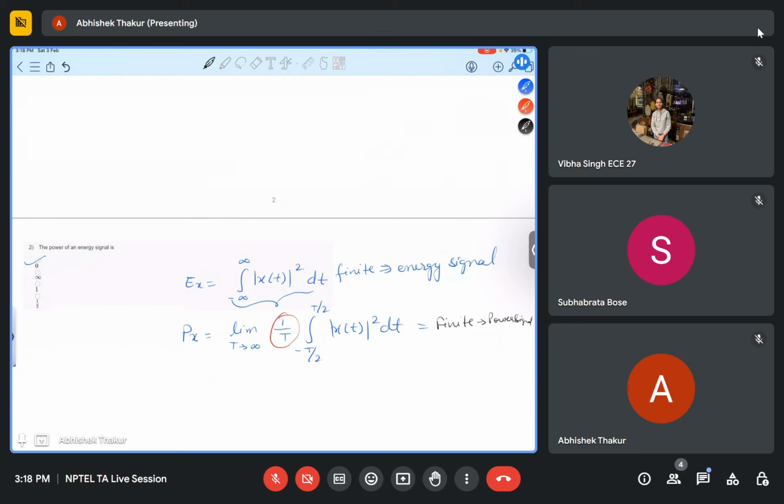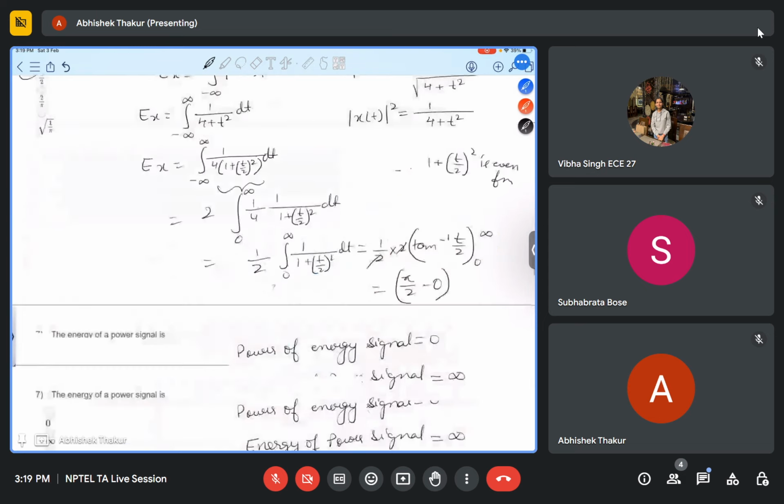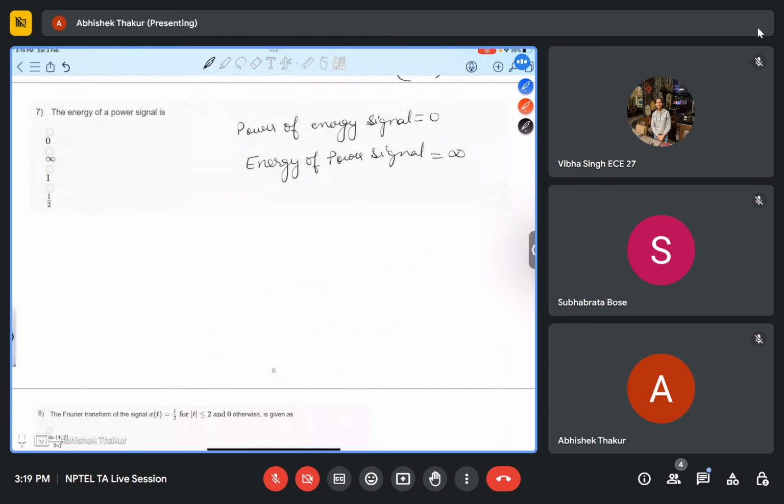To get energy, we have to multiply here by T, and T is infinite. If you multiply finite with infinite, you will get infinite. So energy of the power signal will be infinite. So in this question, option B is correct, that is infinite.